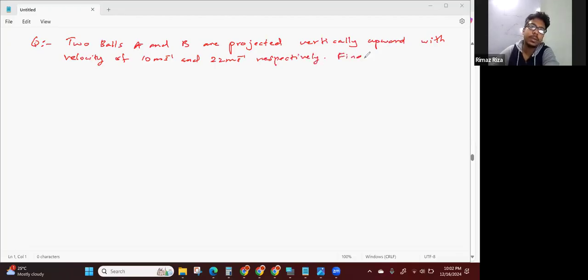Find the distance between the two balls after 5 seconds.